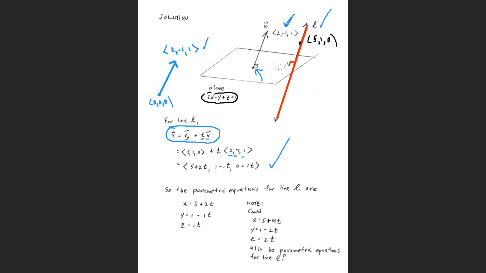So this gives us our parametric equations: x equals 5 plus 2t, y equals 1 minus t, and z equals t. Those are the parametric equations for the line. Now, please let me know if there are any questions so far.